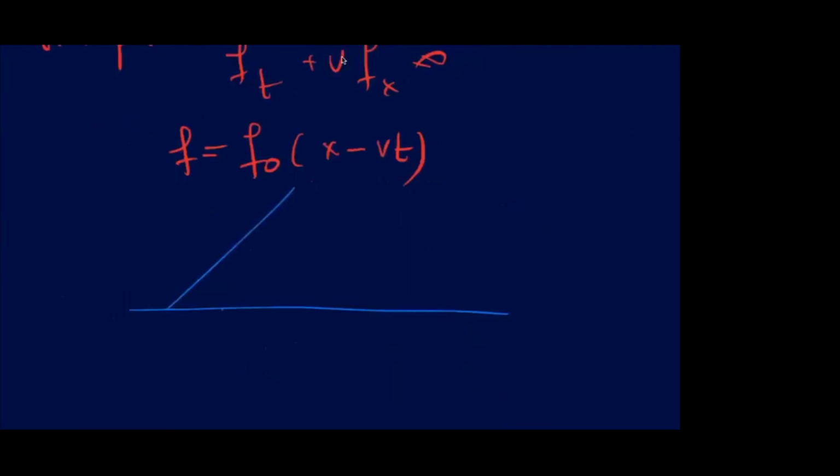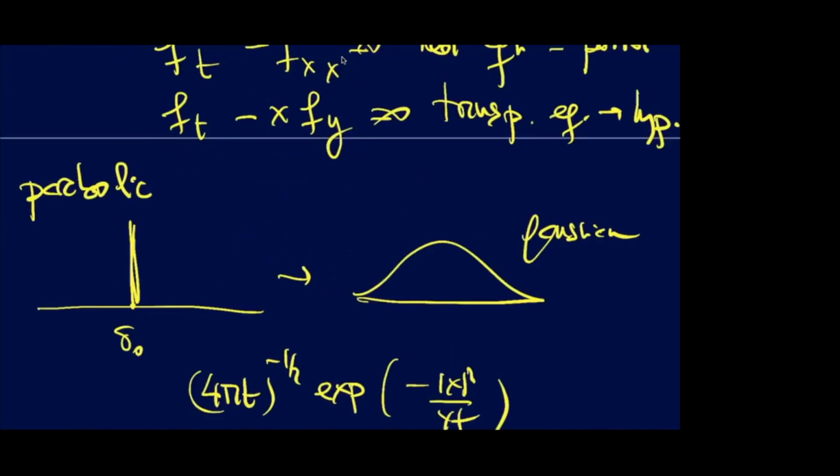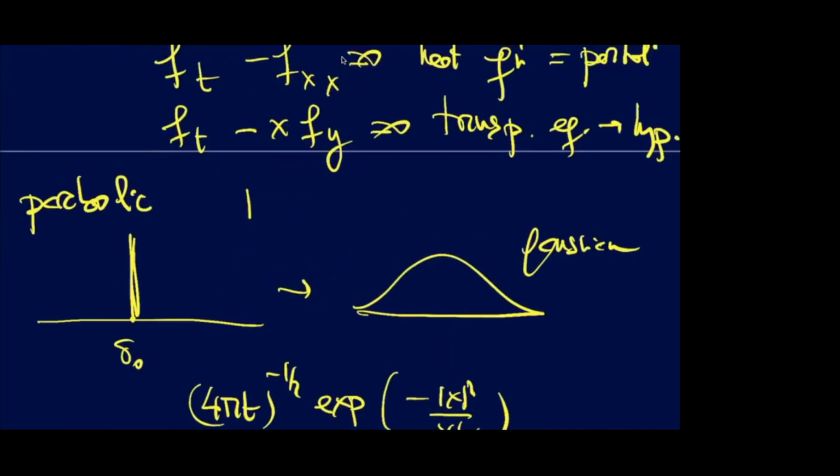There is a wind, right? And this wind is transporting the initial profile somewhere else, without any deformation, because v is a constant. All characteristics travel in parallel with the same velocity. And here, there is no regularizing effect.